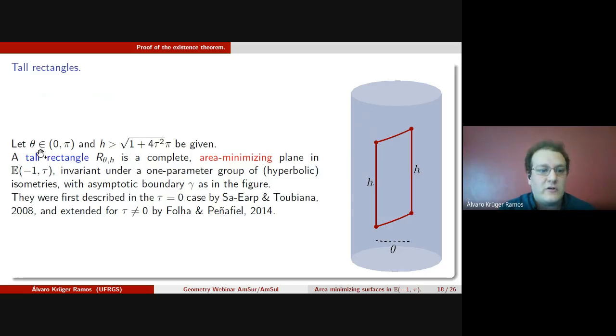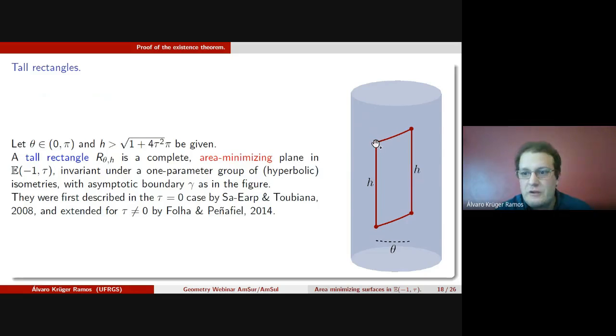And the idea for the tall rectangle is this: you take any angle here less than pi that you want, and you take any height which is larger than this number that you want. So there is a complete area minimizing plane in E(-1, tau). It is invariant under a one parameter group of hyperbolic isometries, and it has this kind of asymptotic boundary.